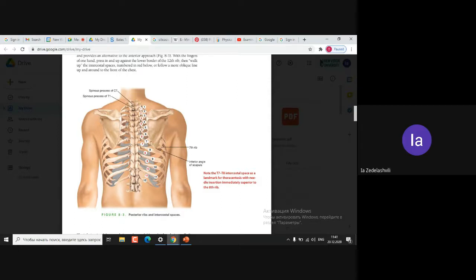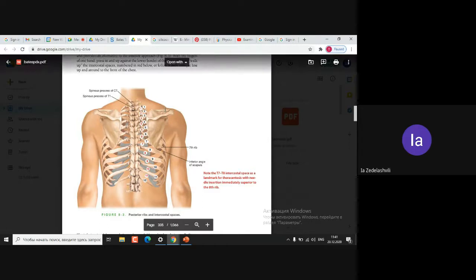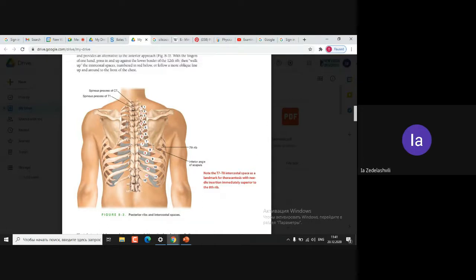Try to reach it. It's like a triangle. So the most low part of it, move your hand and you find this angle, reaches the eighth rib and covers the seventh rib. So the seventh rib, seventh intercostal space, and eighth rib perfectly. Here is the angle in normal.